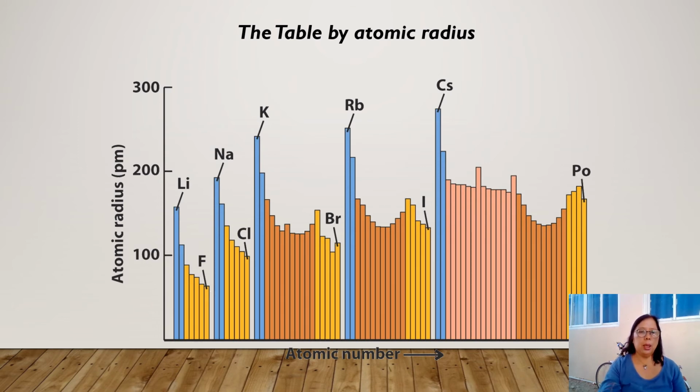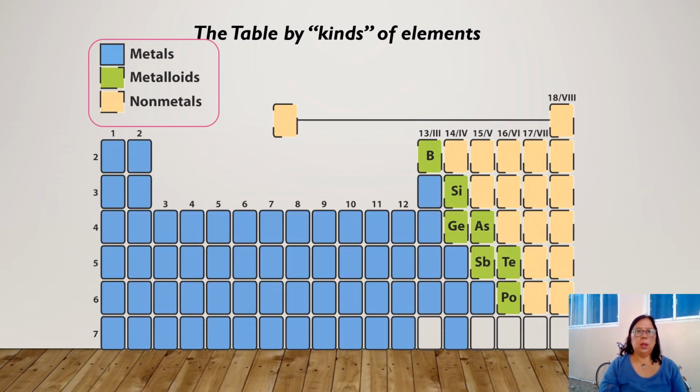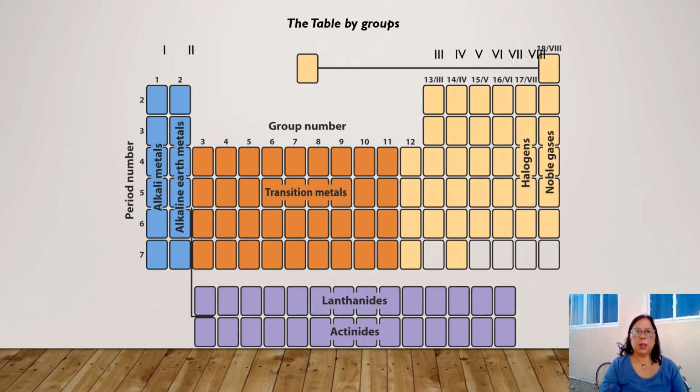In this case, fluorine has the greatest atomic number, but it has the smallest atomic radius. I have discussed this already.